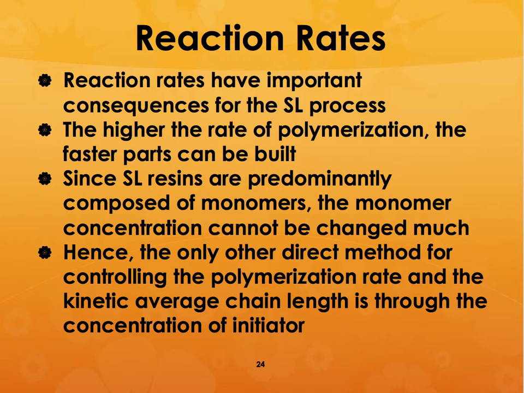Now, they are predominantly composed of monomers, so you can't change the monomer concentration a whole lot. But the only way in which you can control the polymerization rate and the average chain length is through the concentration of the initiator. So you change the amount of initiator and it can affect the polymerization rate.